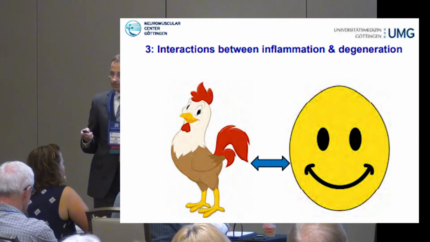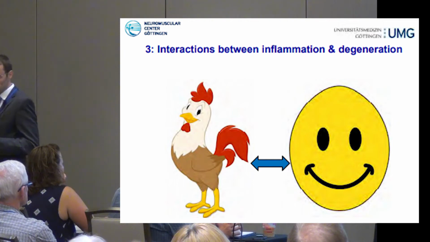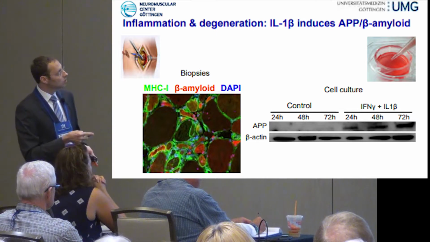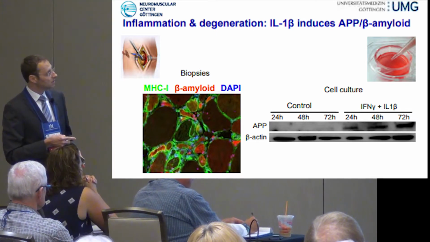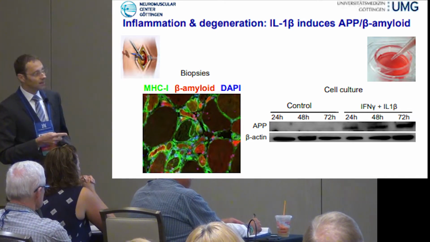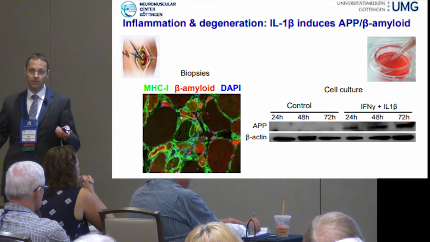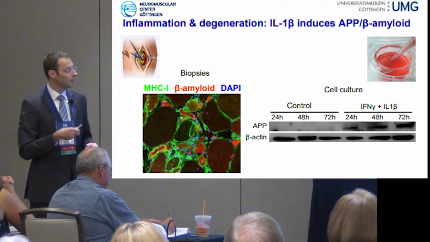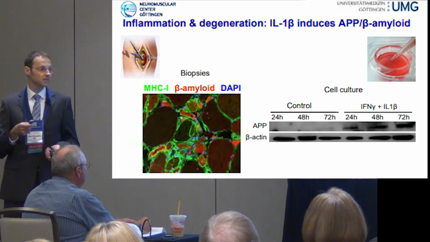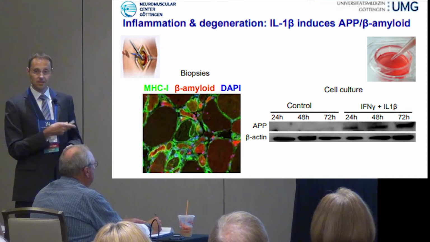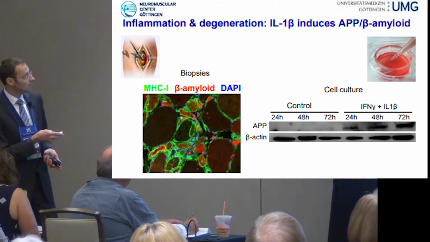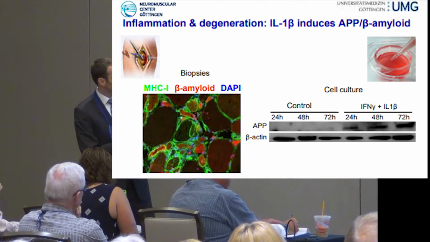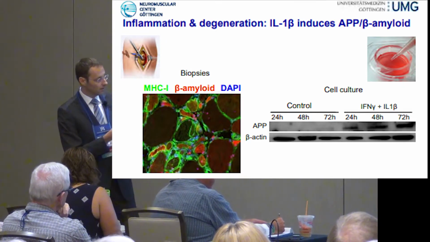The last part regards interactions between inflammation and degeneration. We have shown about 10 years ago that the inflammatory pathways indicated here in green, MHC1 and several cytokines, are present in the skeletal muscle fibers, and at the same time amyloid is present, which gives the mixture of the color here in yellow, red and green.